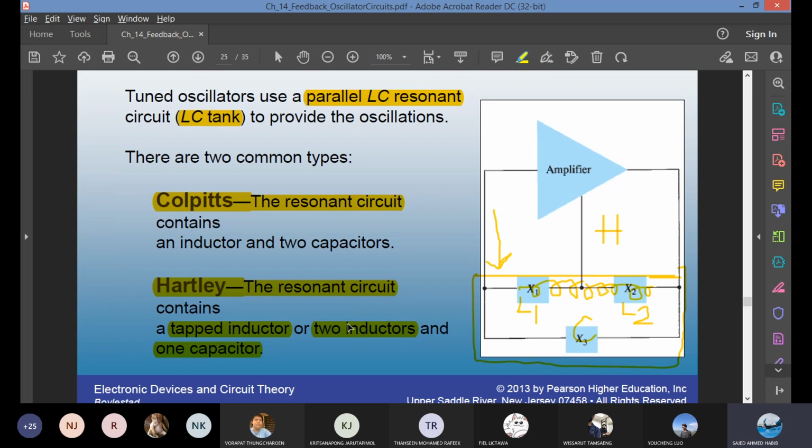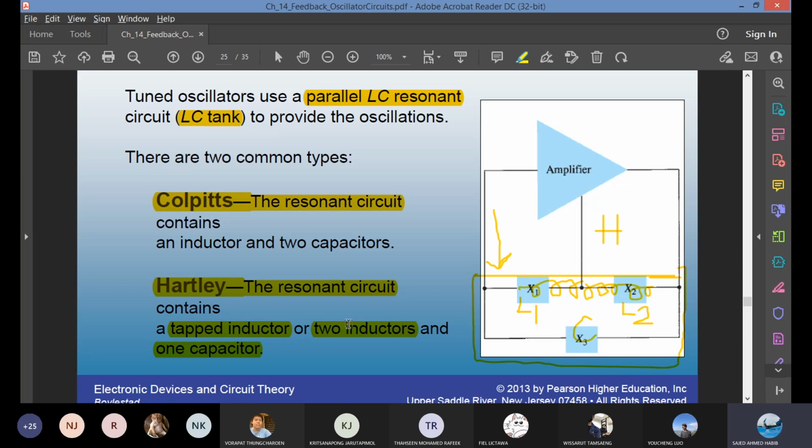The X1, X2, and X3 in the block diagram, we call them the reactance elements, because when you apply a signal, meaning an AC signal which changes direction with time, a resistor does not have any reactance, but the capacitor has reactance.